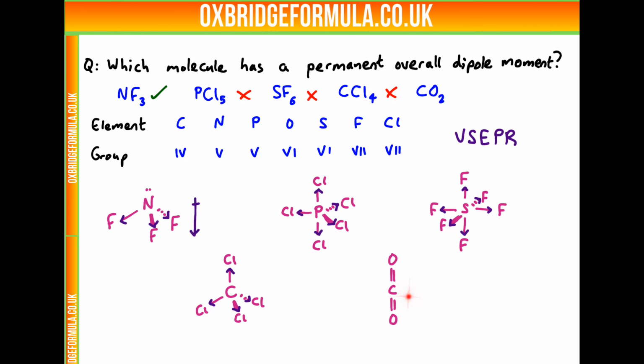So what happens to the dipoles? Both of the bonds are polarized towards oxygen, but because they point in opposite directions, they overall cancel each other out. So we've seen why NF3 is the only molecule to have an overall dipole moment. That is because it is the only one without a high symmetry structure where there is a net cancellation of dipoles. So our final answer is NF3, which corresponds to A.